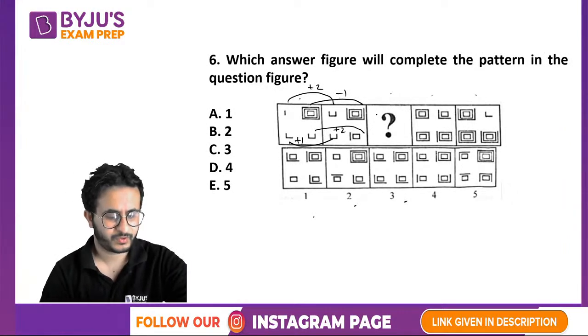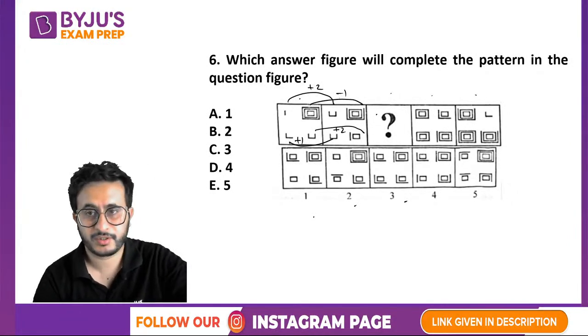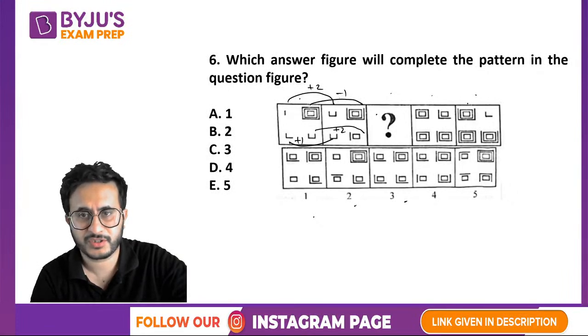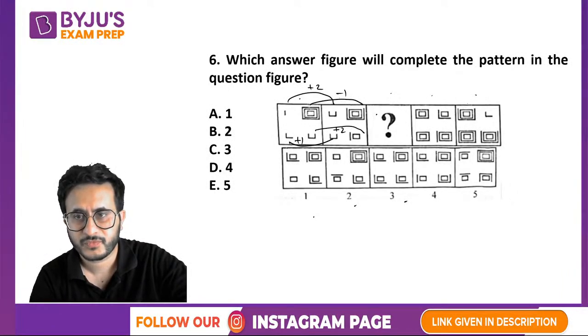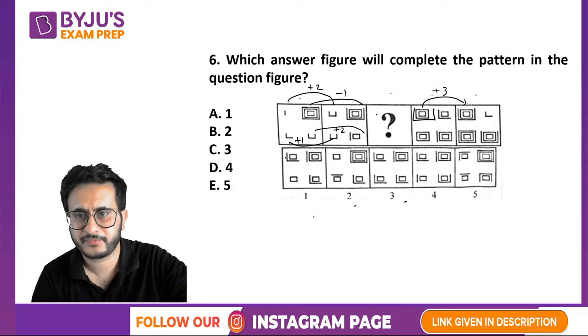Now let us see what is happening from this to this. This was completed. In this it increased by 3: one line here, one line here, and one line here. This increased by 4.